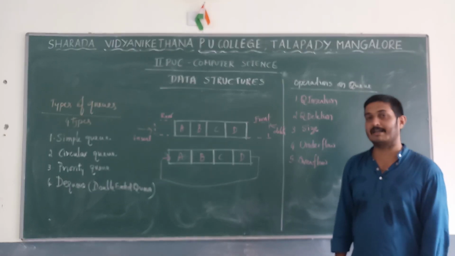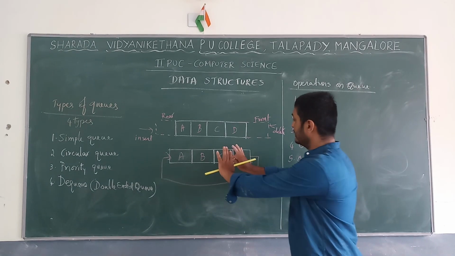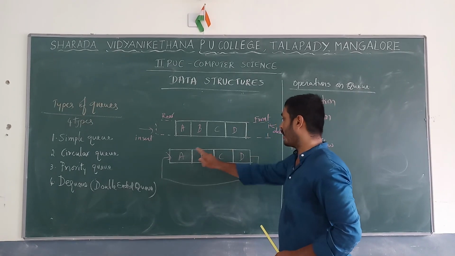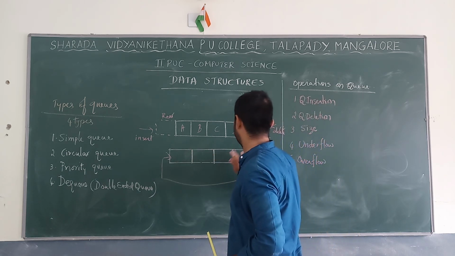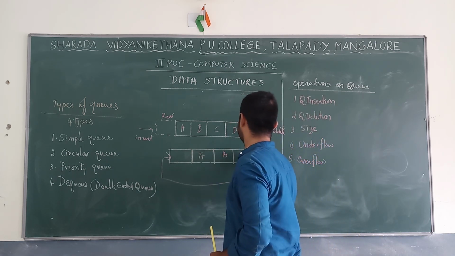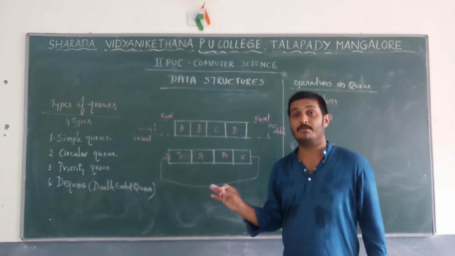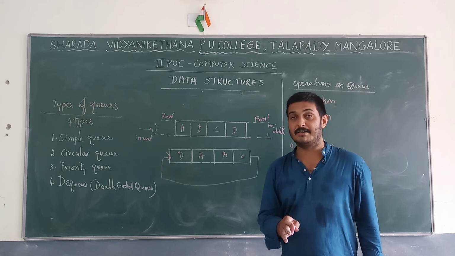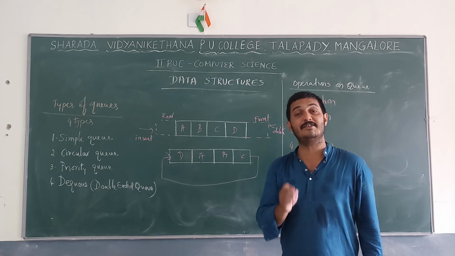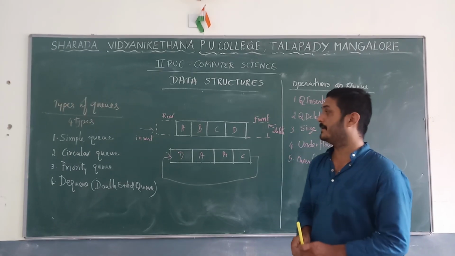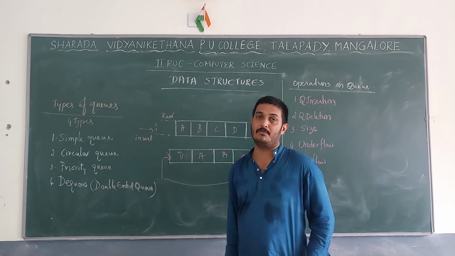Diagrammatically we can represent it like this, but it is continuously allocated, so A, B, C, D can be represented like this also. So a circular queue is one where all nodes are treated as being in a circular path.